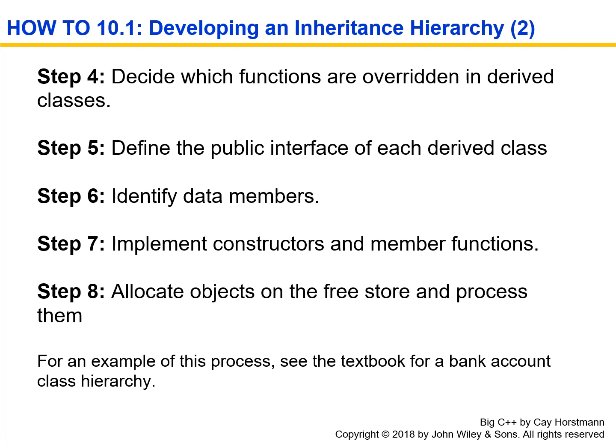Decide which functions are overridden in the derived classes. Well, circle, square, and triangle are all going to override get area and get perimeter because shape doesn't define get area or get perimeter. Well, those are just empty functions for shape. Define the public interface of each derived class.